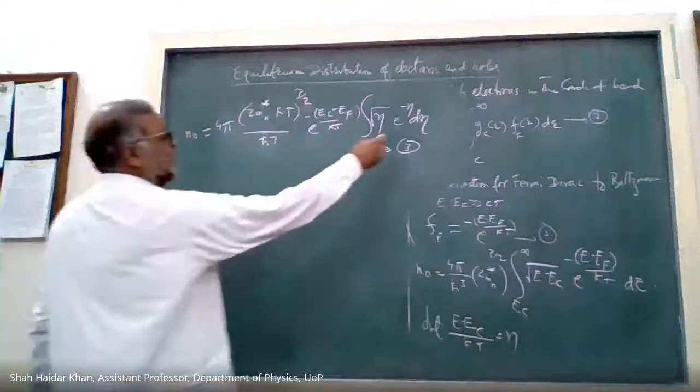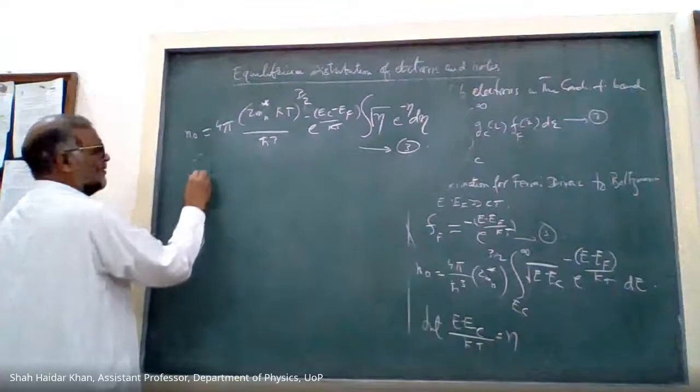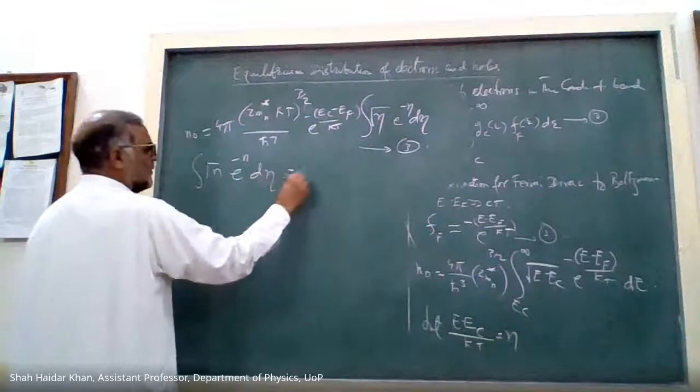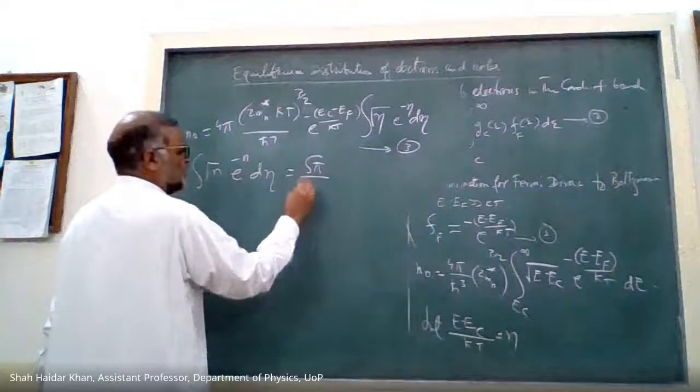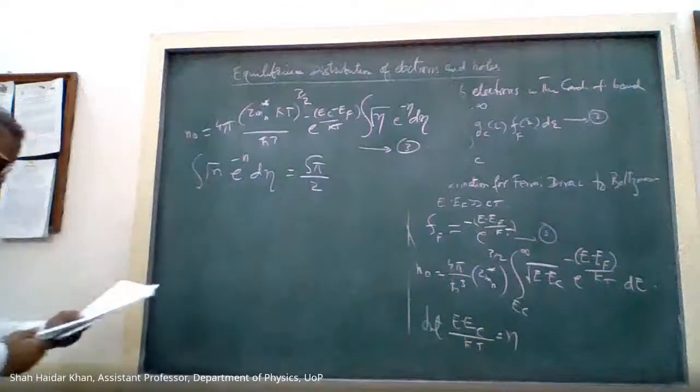Okay, this thing is your gamma function, right? And that was equal to, in your mathematics, I square divided by 2.